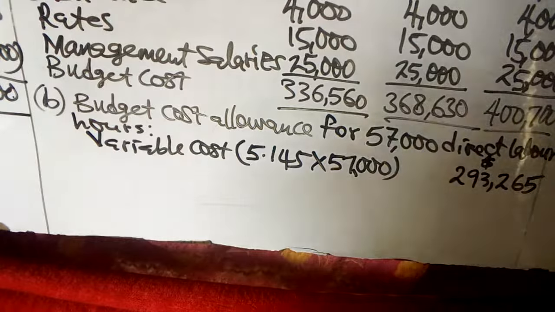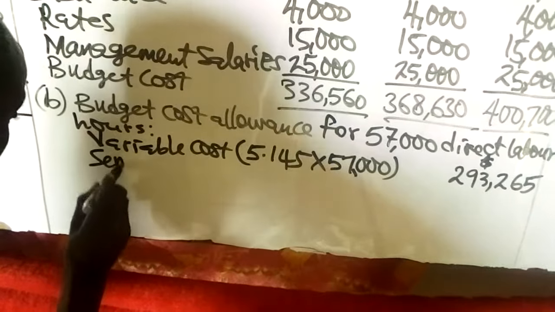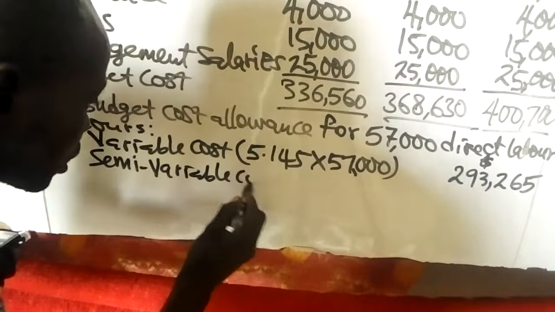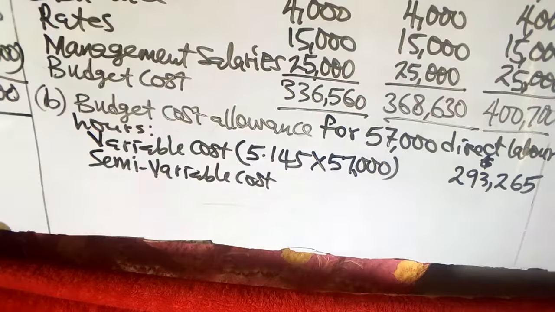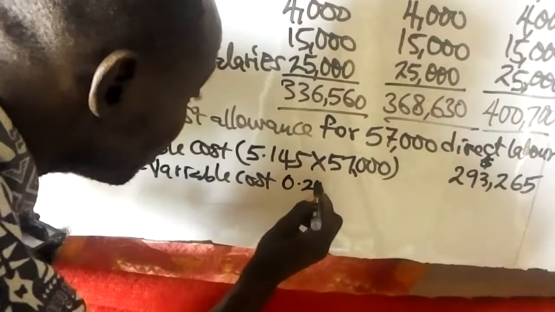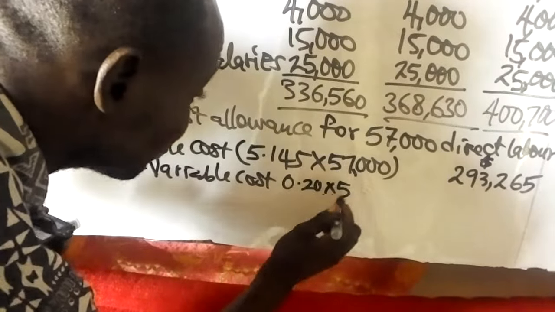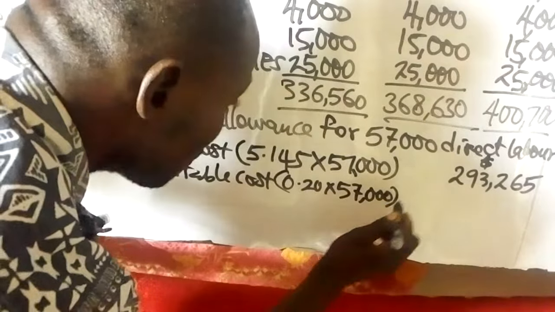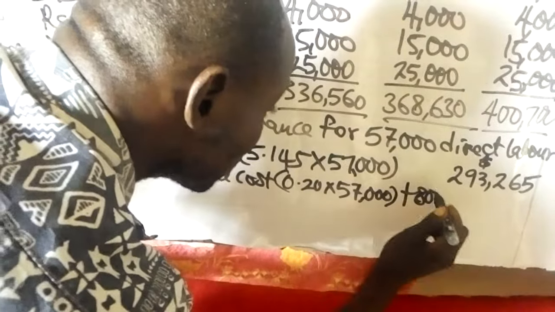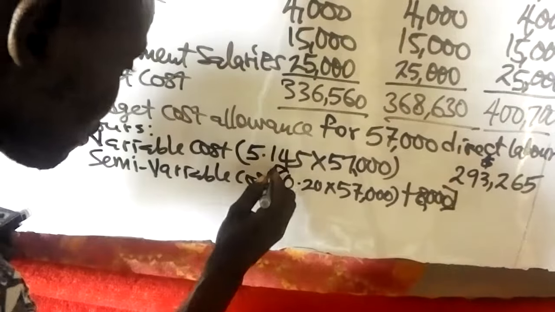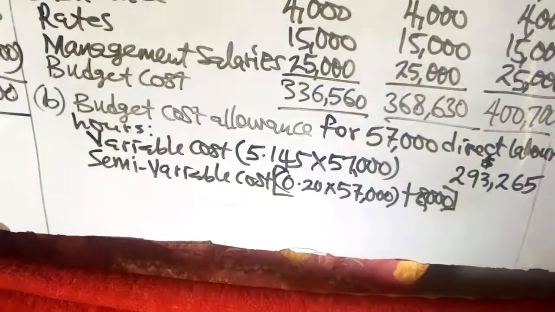So semi-variable cost comprises the variable element of 0.2 multiplied by 57,000 direct labor hours, plus the fixed element of $8,000, which was obtained from our high and low method.